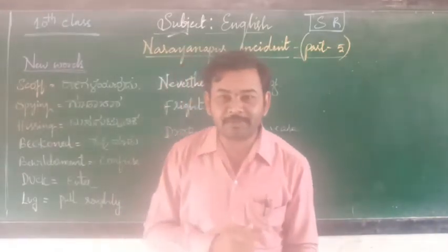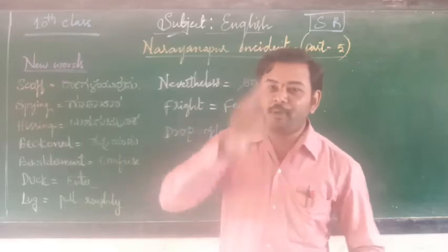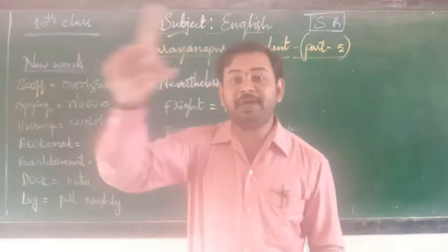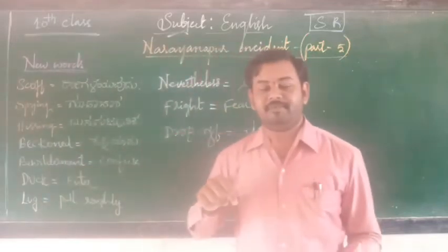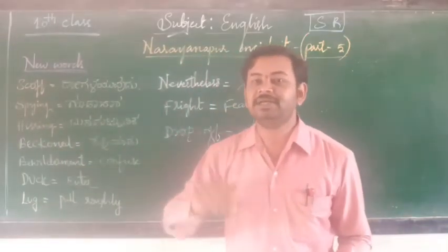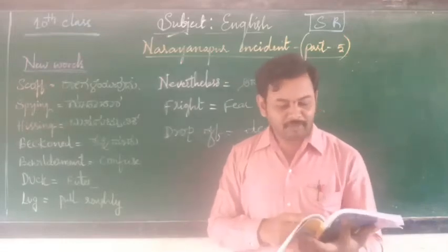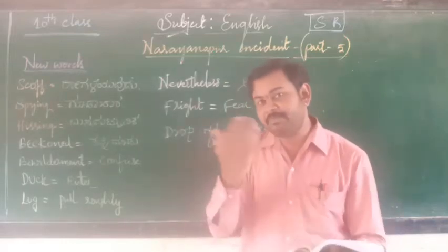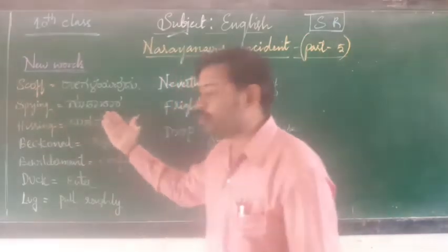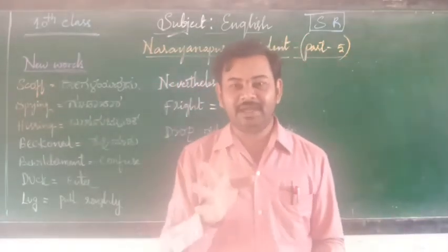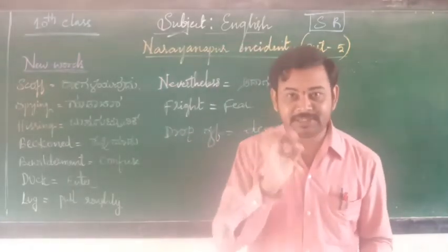Mohan also said to the police officer, Mr. Patil, that he was wasting time spying on them. Then tell me, spying means what, my dear students? Spying, ಗೂಢಾಚಾರ. That means that it is an activity which is made by the police.